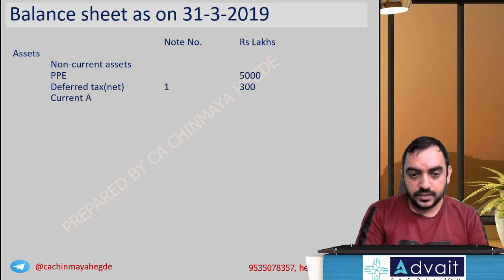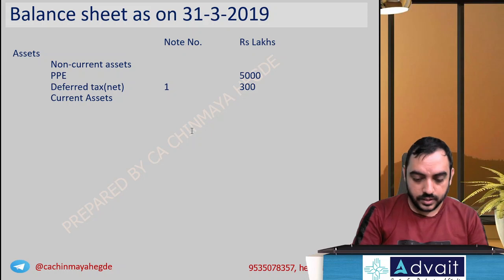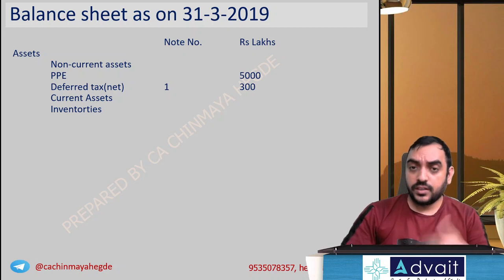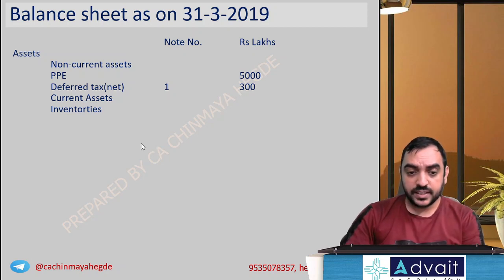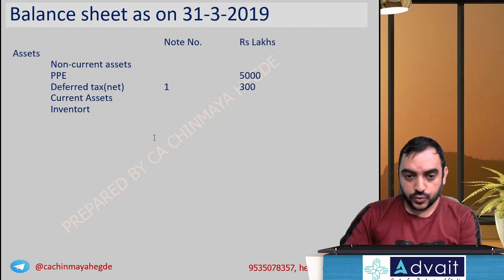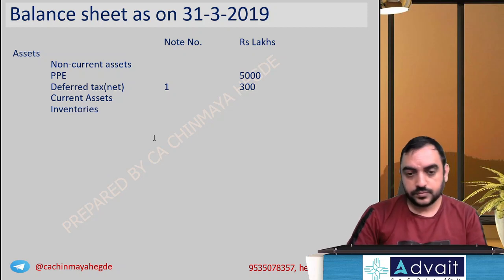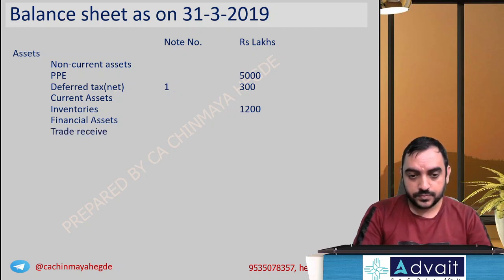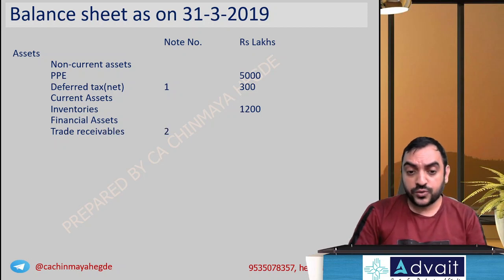Then we have current assets. Under that, inventory is first. It is cost or NRV, whichever is less. It is 1,500, I think, in the balance sheet. So we have to show 1,200. Then we have financial assets. Under that, trade receivables, we have note 2 also regarding this, 1,100.